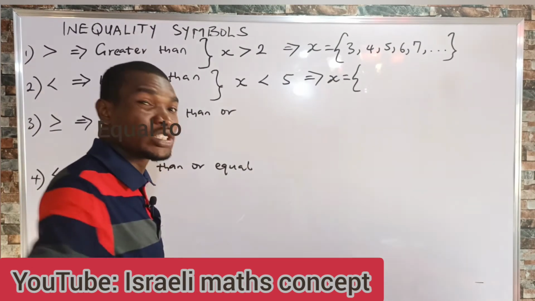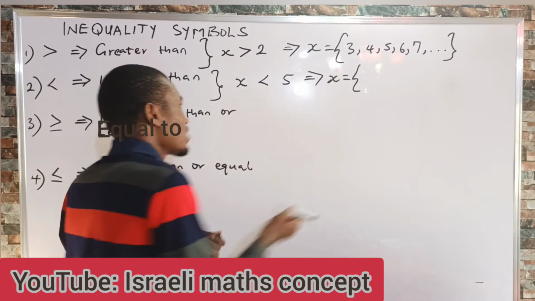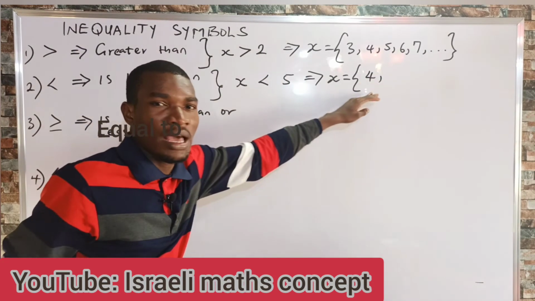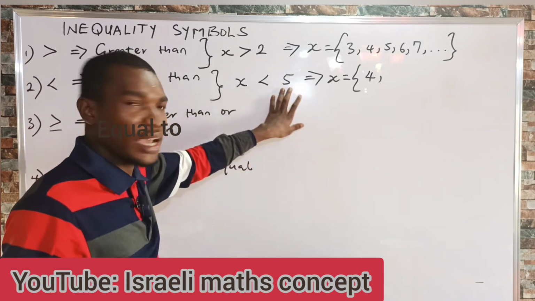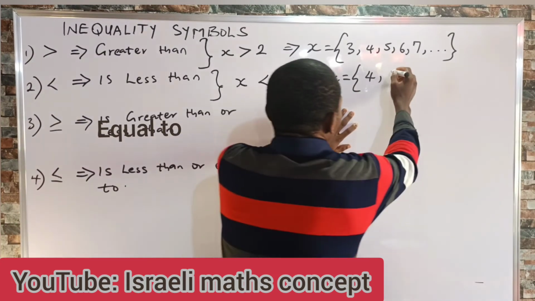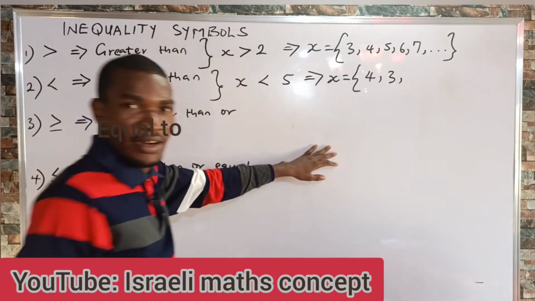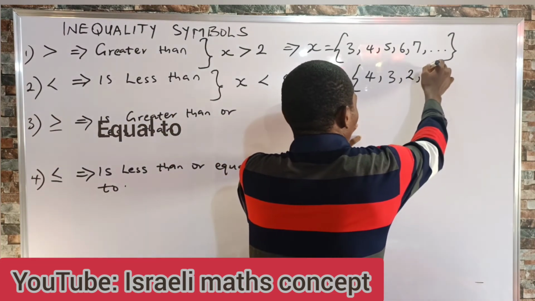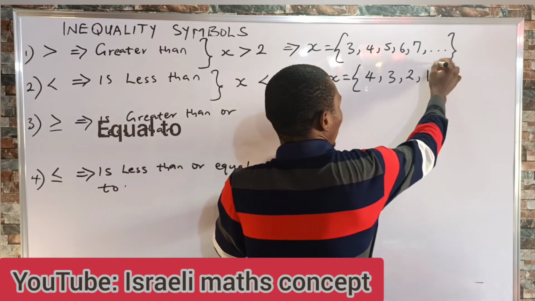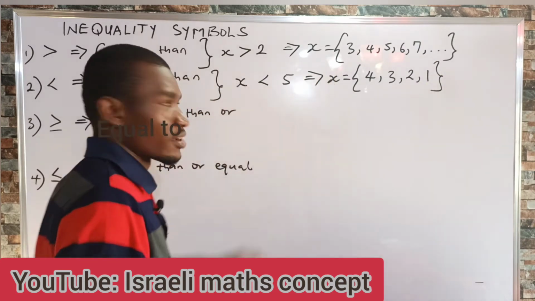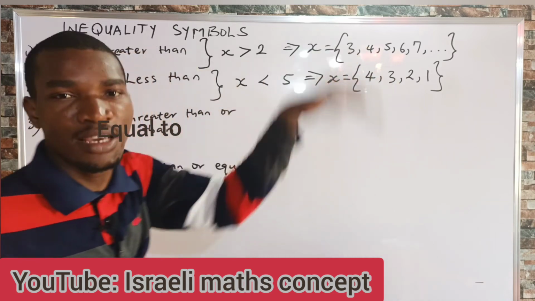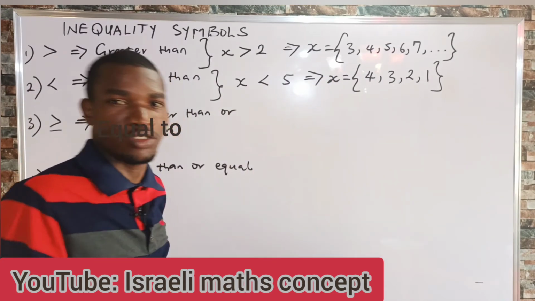Automatically, the natural numbers that are less than 5 are numbers like 4. Remember, 4 is a natural number, and 4 is less than 5. Apart from 4, we also have another number, 3. 3 is less than 5, and after 3 we have 2. After 2 we have 1, and after 1 we end it here. Remember that these are natural numbers. Zero and negative values do not fall into natural numbers.